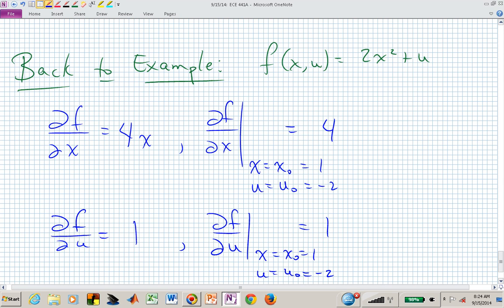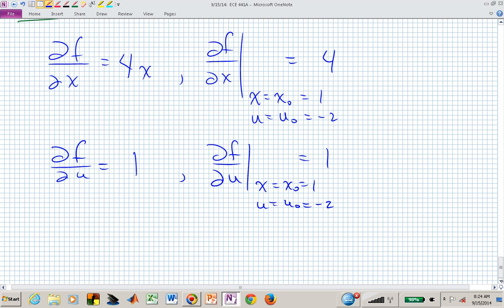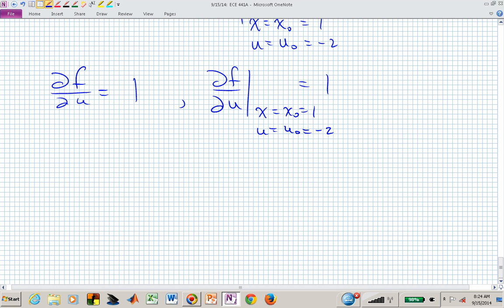Now we have those partials. We can now write our linearized dynamics for that original nonlinear system.